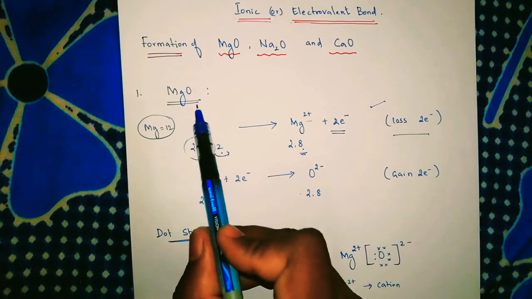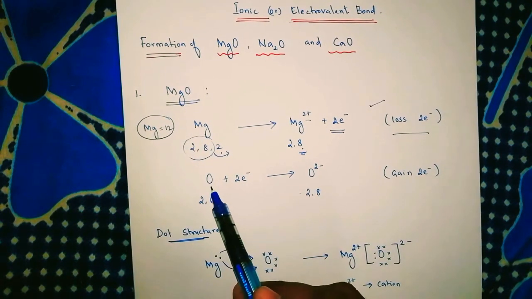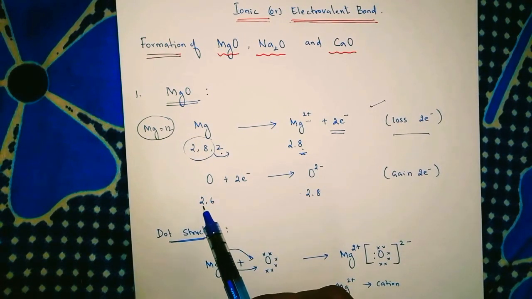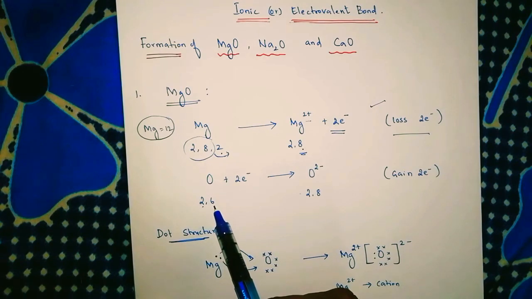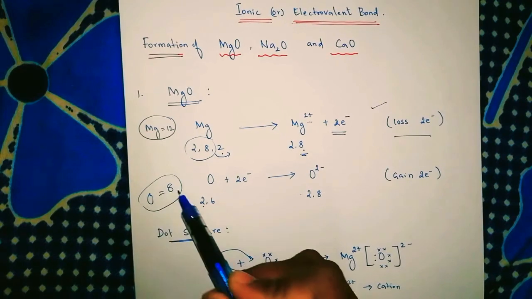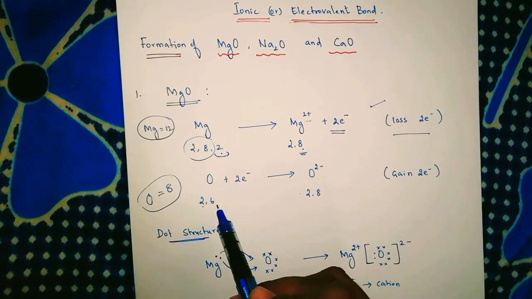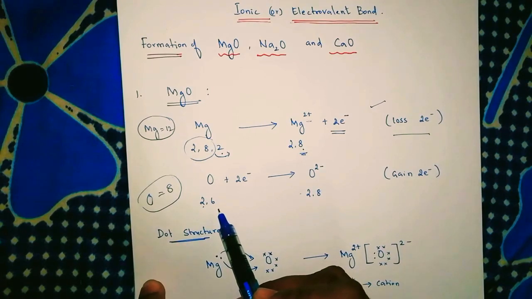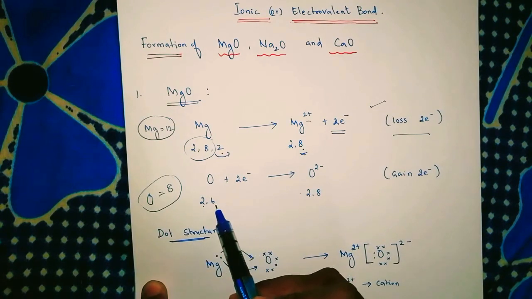Now let's go to oxygen. Oxygen has 2 in the first shell and 6 in the last shell, since oxygen's atomic number is 8. How many electrons does oxygen need to attain the octet configuration? One option is that it needs 2 electrons.